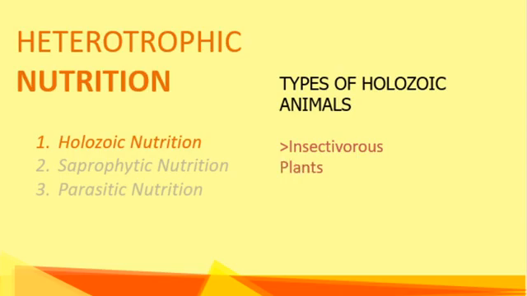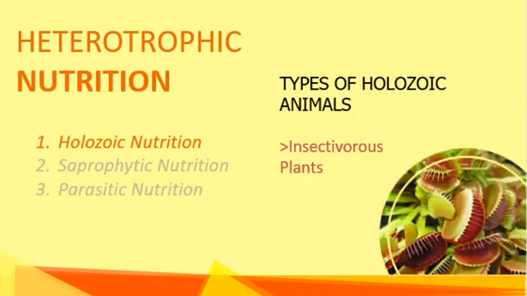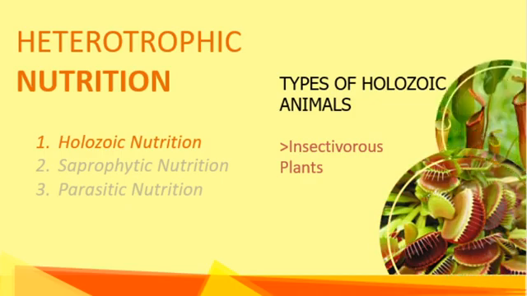Can you think of organisms that are considered insectivores? These are organisms that obtain some nutrients by trapping and digesting various invertebrates, and occasionally even small frogs and animals, like the Venus flytrap, the pitcher plant, and the sundew.